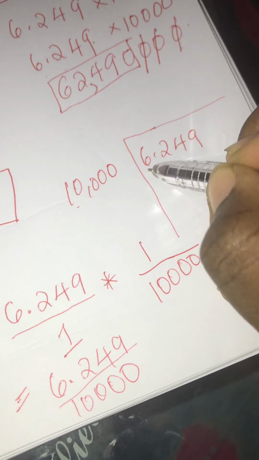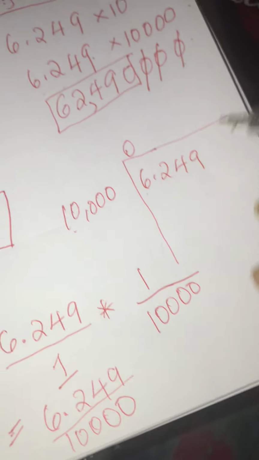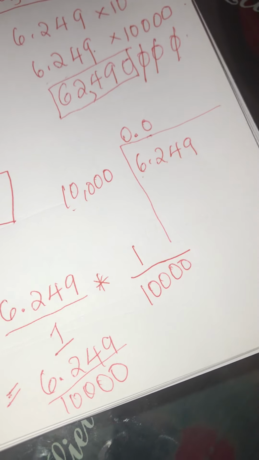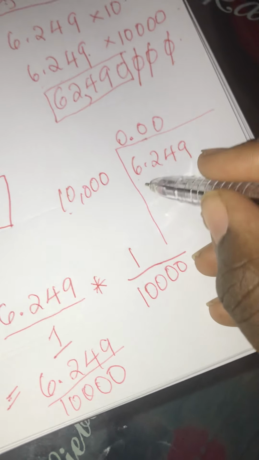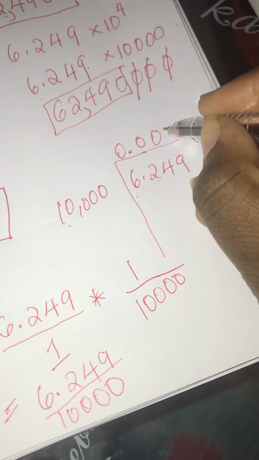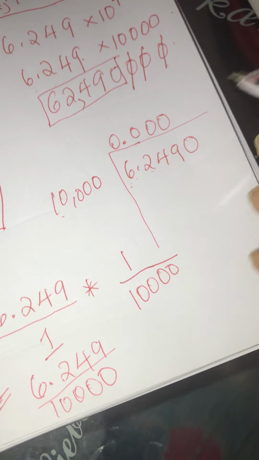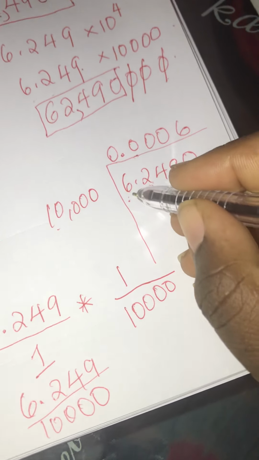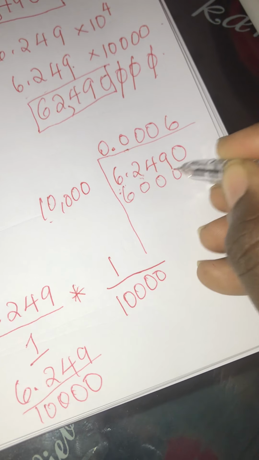Can 10,000 go into 6? No. Can it go into 62? No. Can it go into 624? No. Can it go into 6,249? No. You put a 0. Can it go into 62,000? Yes. 6 times. So 60,000.